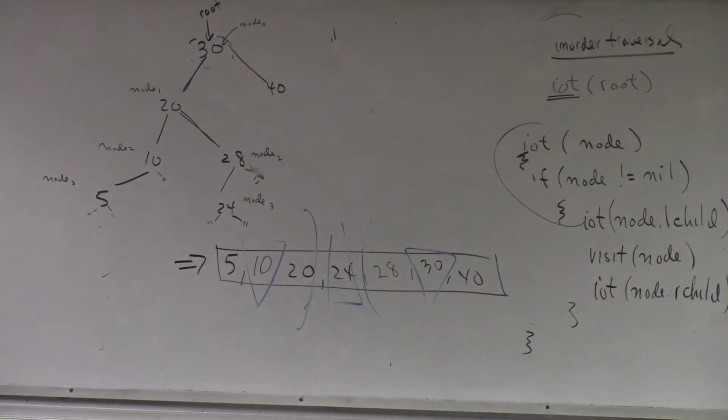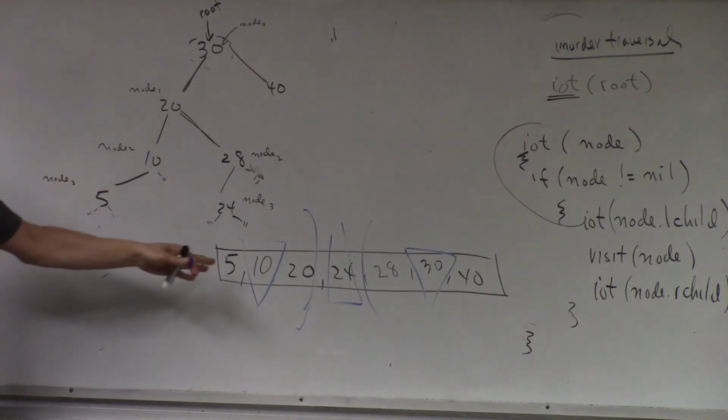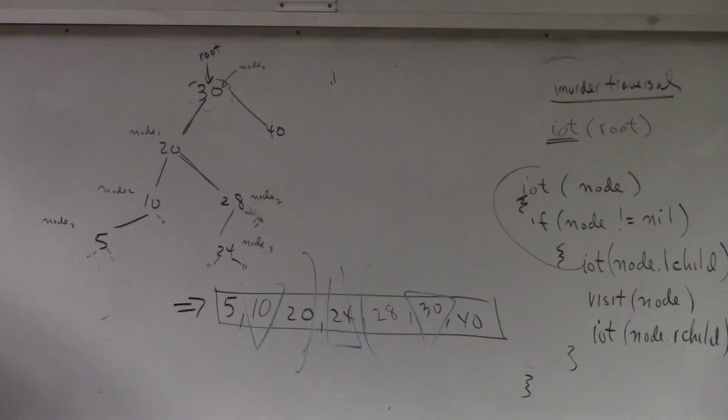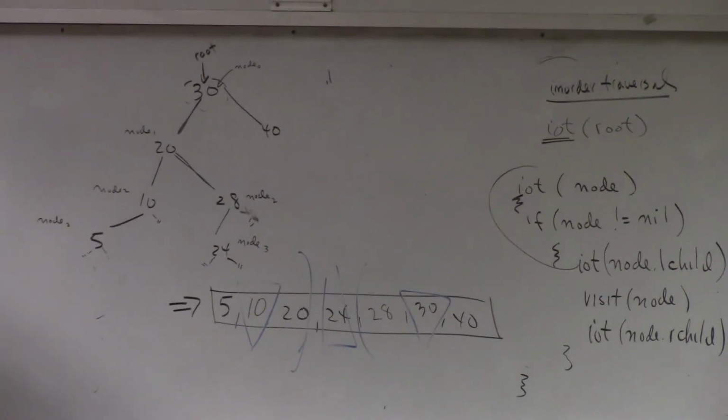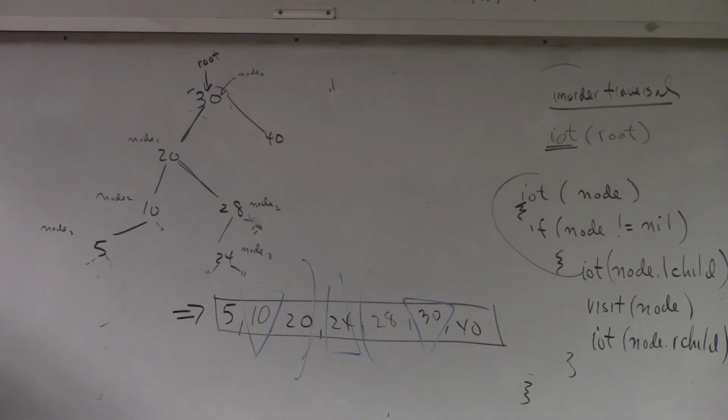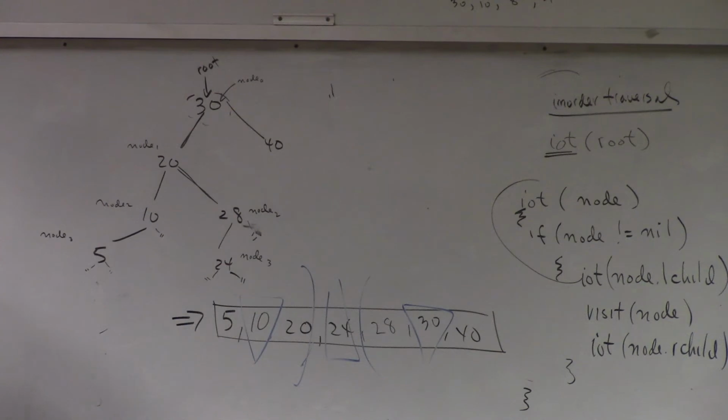By the way, any idea what the complexity was of doing this? What's the complexity of the traversal? Did we visit every node? Yeah, so therefore it can't be any less than n, because we got to go to every one of the n nodes.